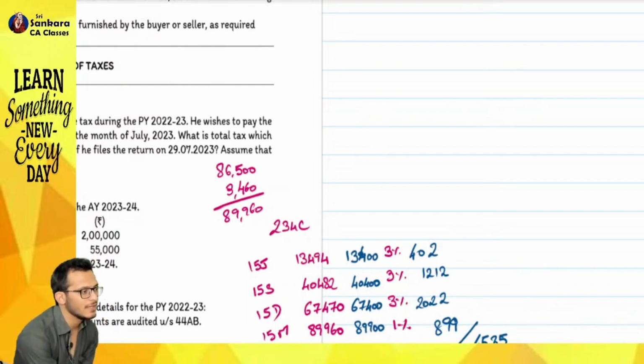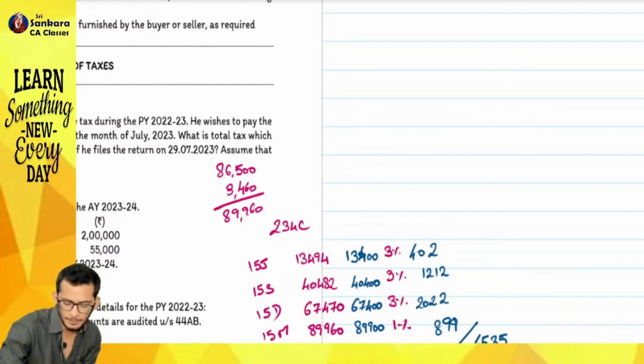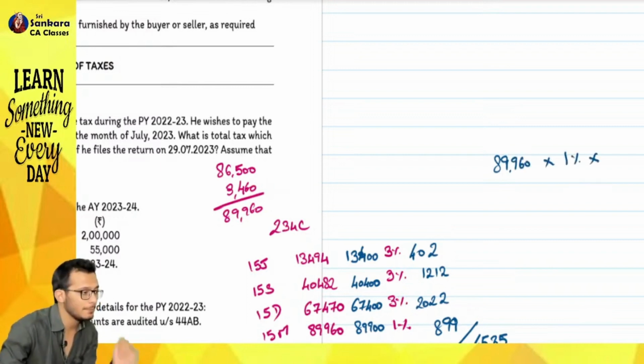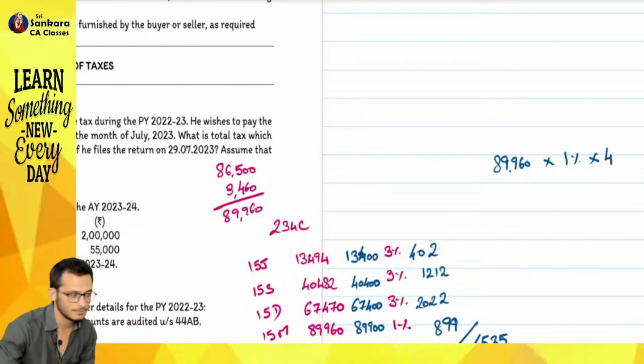But the problem is this guy is now ready to pay the tax only on 29th July. Now because of which, 234B will come from April. So 89,960 is what the tax is. He did not pay 1 rupee in April, May, June, July, 4 months.